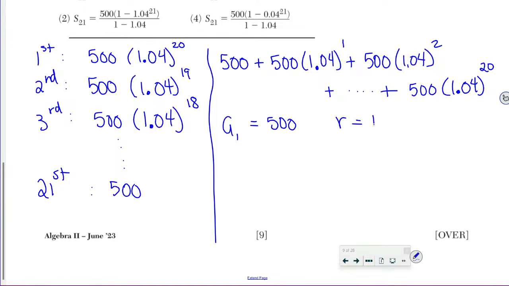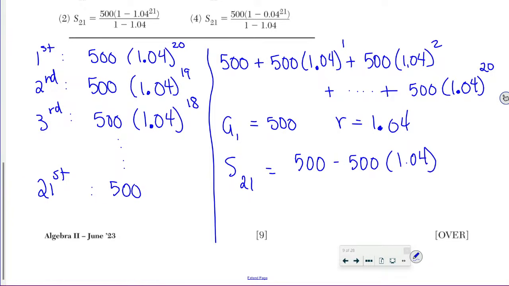Our r is 1.04. So the savings after 21 years is going to be A1 minus A1 times r, which is 1.04, to the n. n is the number of terms you have, so that's 21, all divided by 1 minus r.